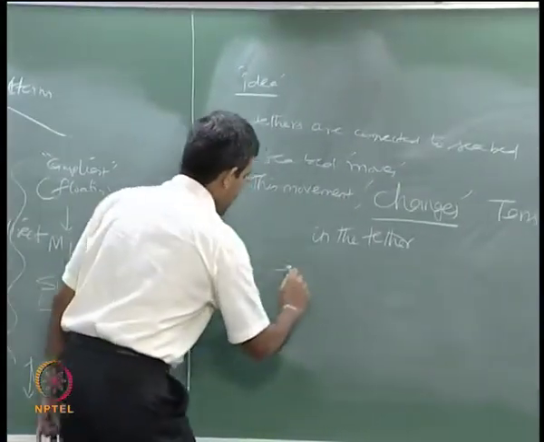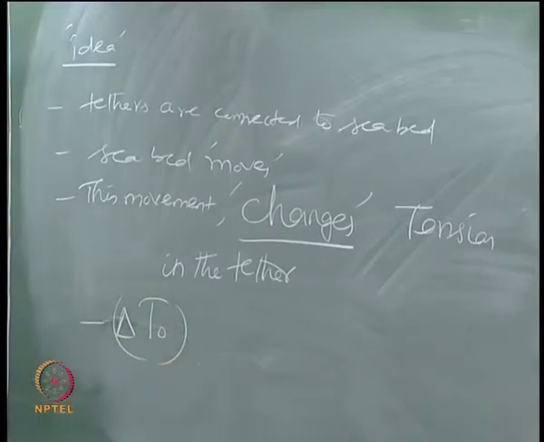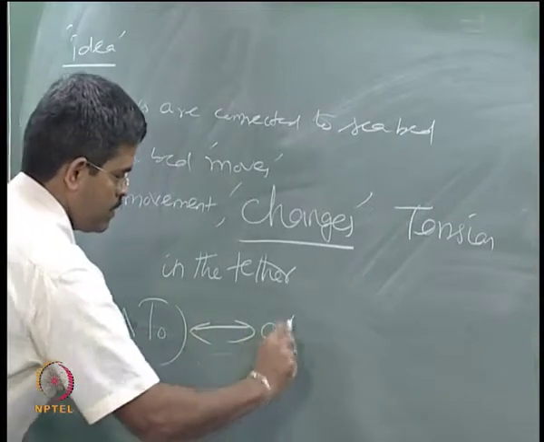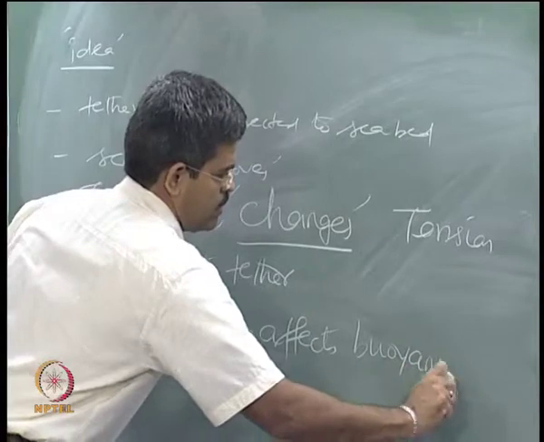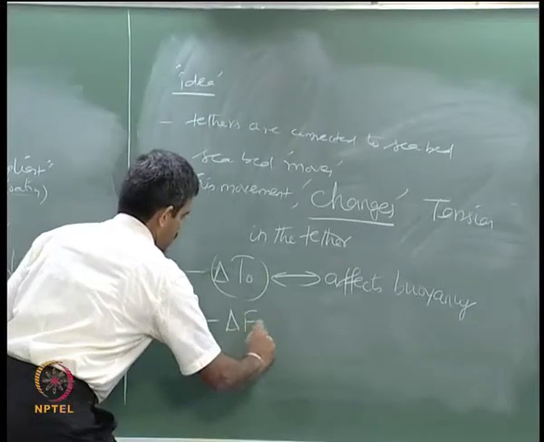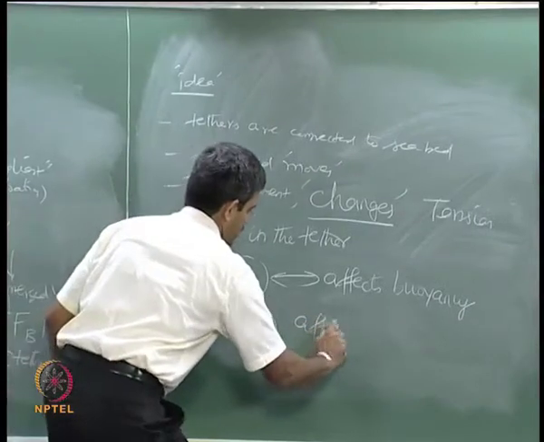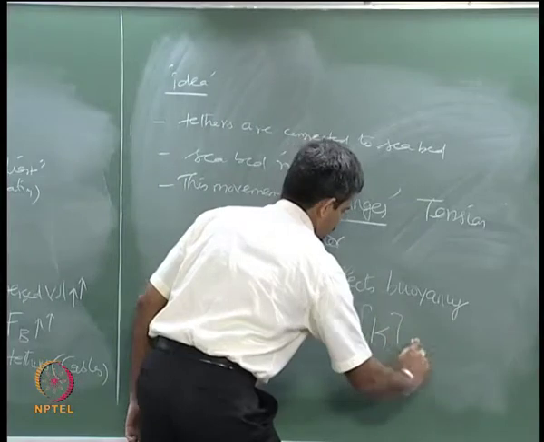The change in tension, what I call delta T naught, affects buoyancy. The change in buoyancy affects stiffness in the tethers.